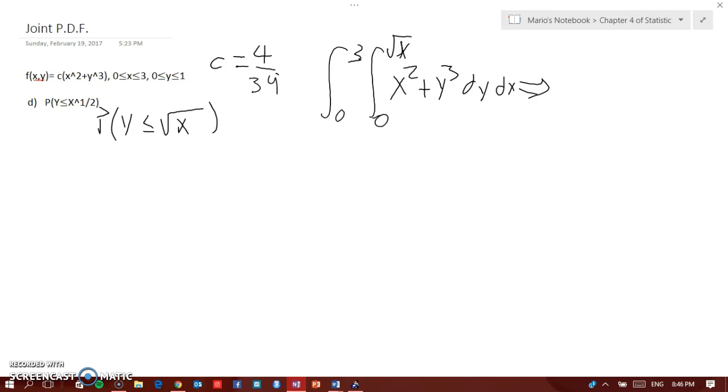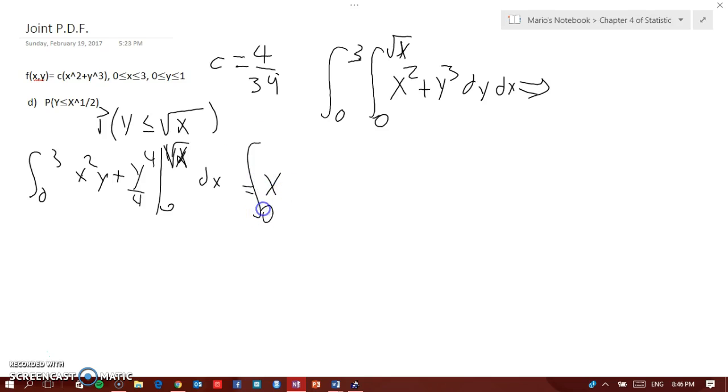Now we're going to get the integral from 0 to 3 of x squared y plus y to the fourth over 4, from 0 to square root of x, dx. That equals x squared times the square root of x, so that's x to the power of 1/2 times x squared, which is x to the power of 3/2, plus the square root of x to the power of 4, which is x squared, over 4.